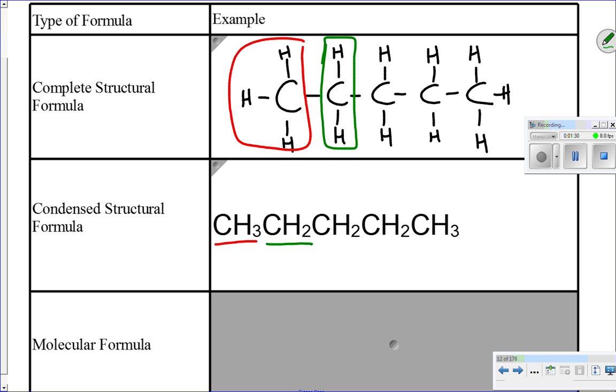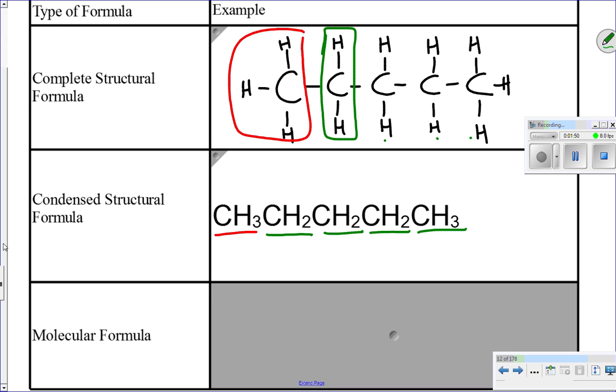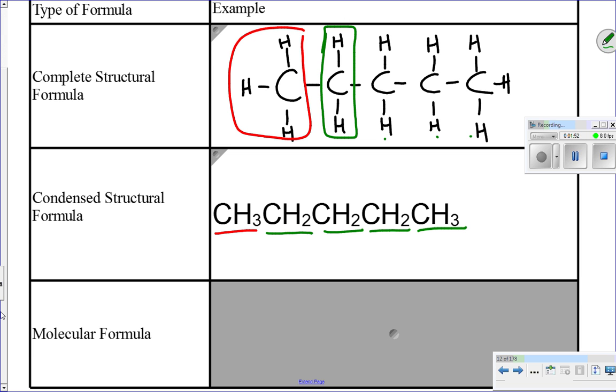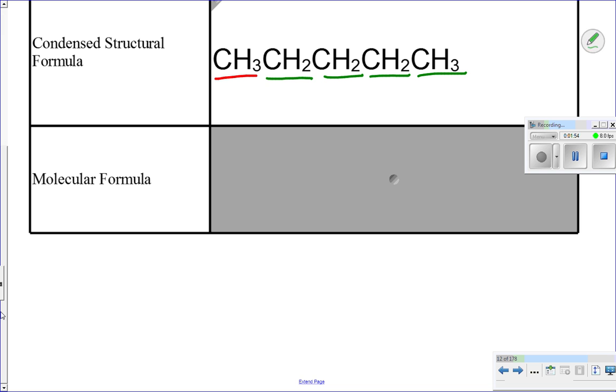So we have CH2, CH2, CH2, and CH3 on the end. This still shows us that these carbons are bonded in a row, and we actually could show things like branching that we might need to show, but it does make this a little bit easier to write in a smaller space. Many of the questions that you see on tests and quizzes will utilize condensed structural formulas.